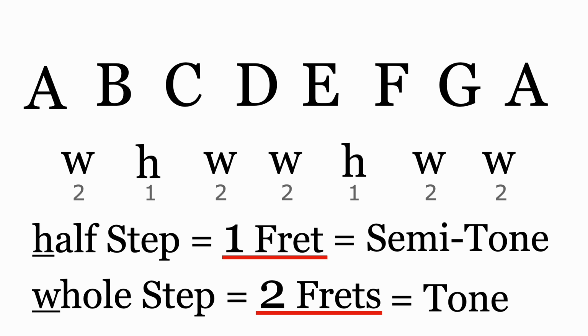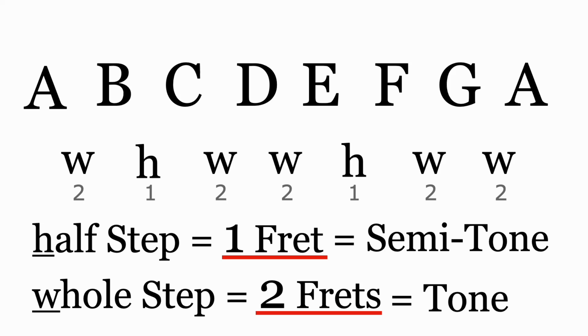So we say A minor has no sharps and it has no flats because it's the relative minor to C. All well and good, true statements all the way around. However, let's verify that in fact, A minor has no sharps and no flats by applying the A minor scale to the pattern that we have with whole step, half step, whole step, half step, whole step, whole step.